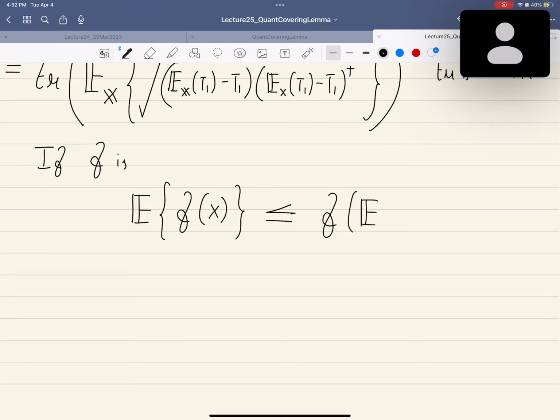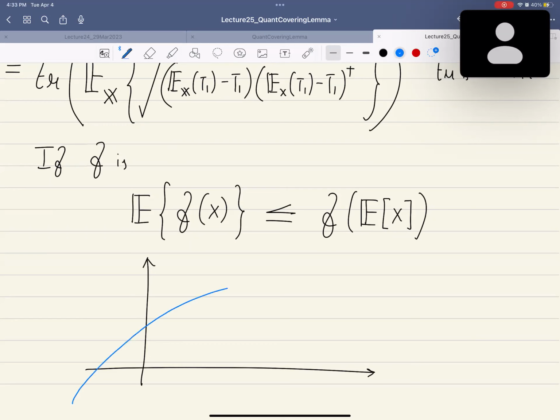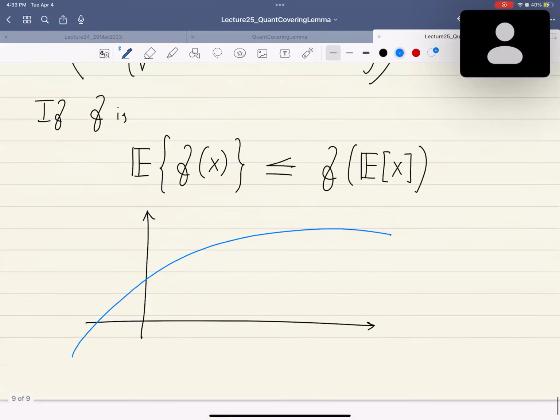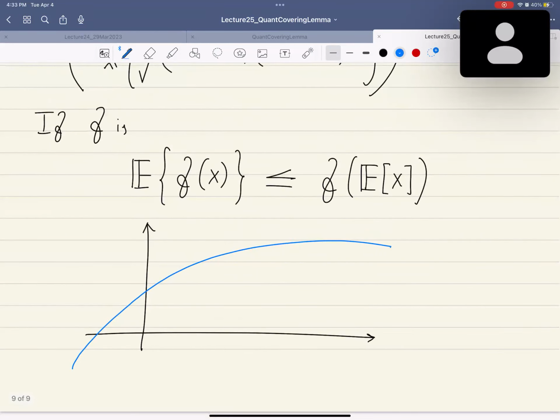When is this true? F is convex or something. So just write it down so that you never forget. If f is like this, it takes two values, say x1 and x2, with probabilities p1 and p2. So look at the curve.